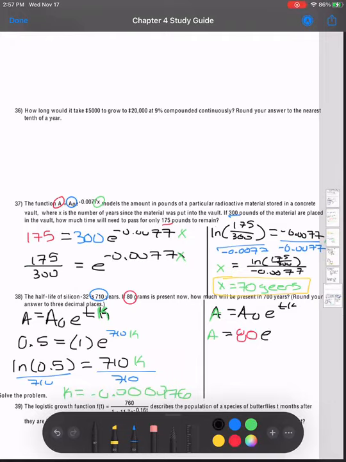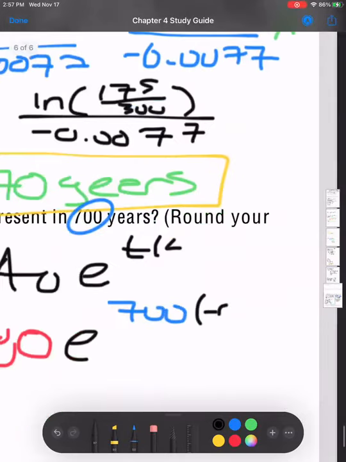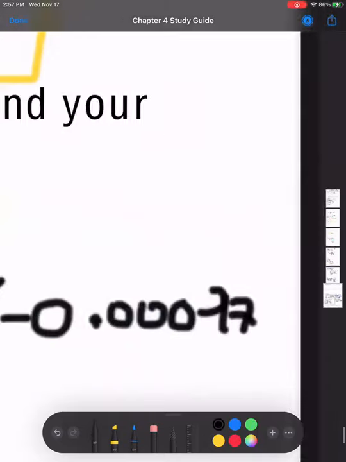So the t that we're now looking for is the 700 because now we're doing it for the second equation. So e to the power of 700. And now we do know k from what we did on the left side, which is the negative 0.0000976.